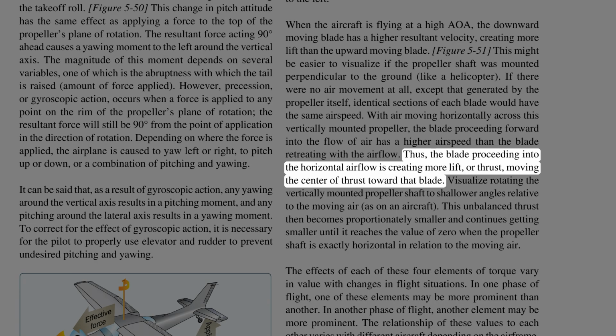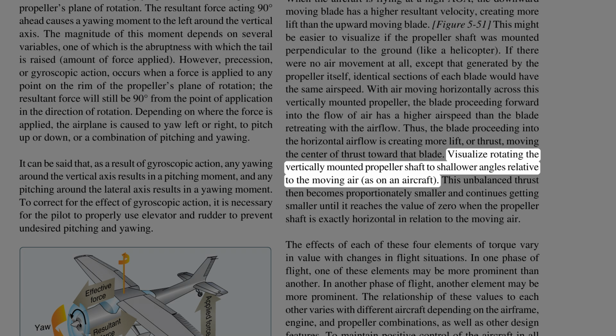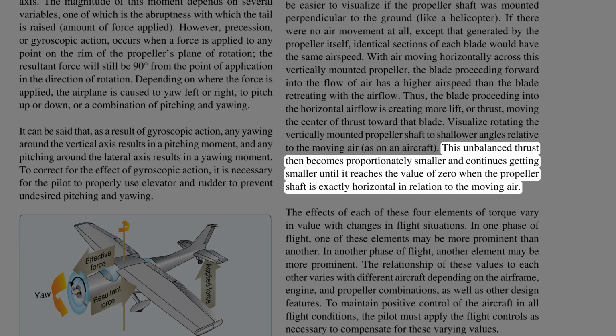Thus, the blade proceeding into the horizontal airflow is creating more lift, or thrust, moving the center of thrust toward that blade. Visualize rotating the vertically mounted propeller shaft to shallower angles relative to the moving air, as on an aircraft. This unbalanced thrust then becomes proportionately smaller and continues getting smaller until it reaches the value of 0 when the propeller shaft is exactly horizontal in relation to the moving air.